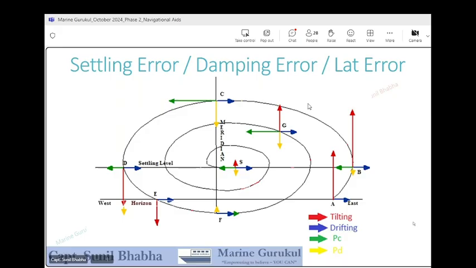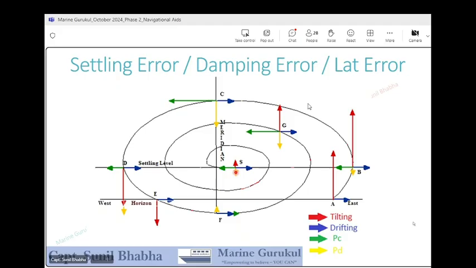Now we have observed in this spiral motion that at the settling position, all the 4 forces which are at play here are balancing out each other. That is, the drifting force is equal and opposite to control precession, and the tilting force is equal and opposite to damping precession.